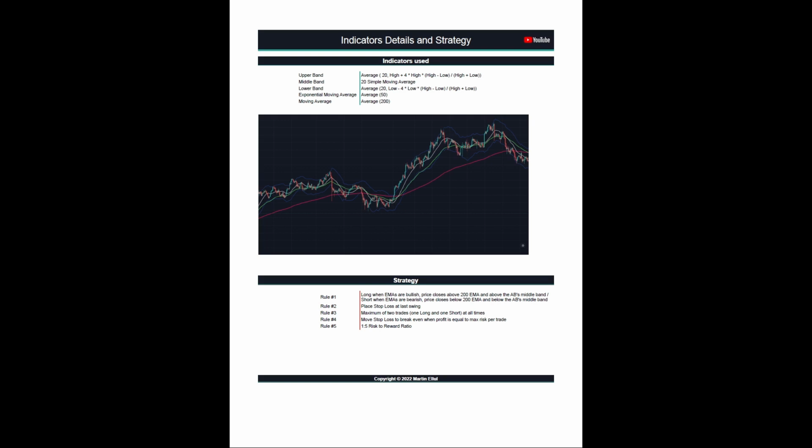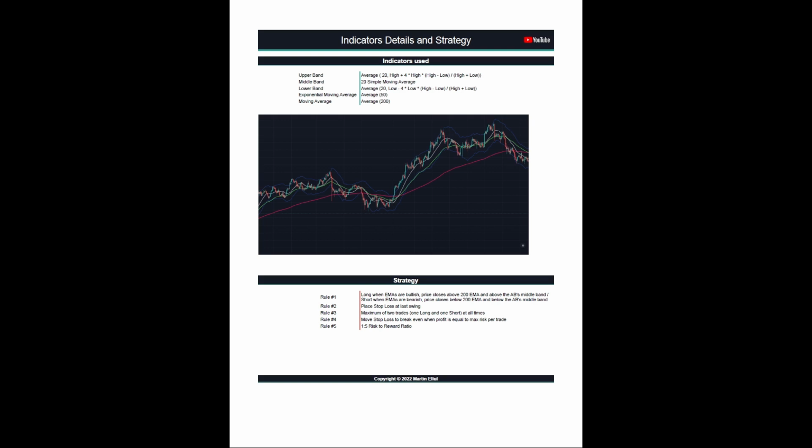The middle band is a simple moving average of the last 20 bars, and similarly for the lower band, it is the average of the last 20 bars and the lowest price of the current bar minus 4 times the lowest price times the highest minus the lowest prices, divided by the highest plus the lowest prices of the current bar.